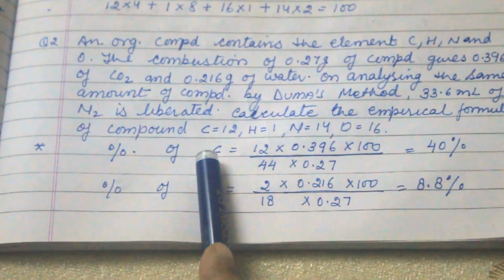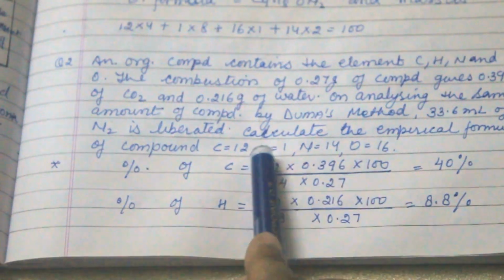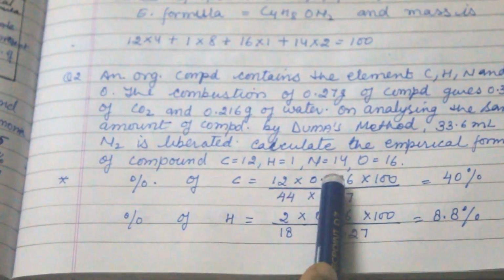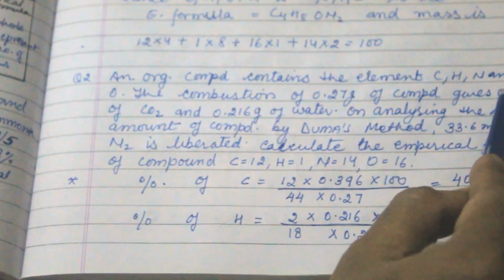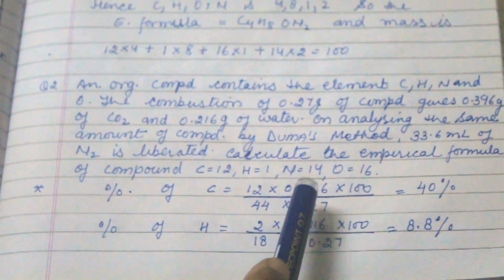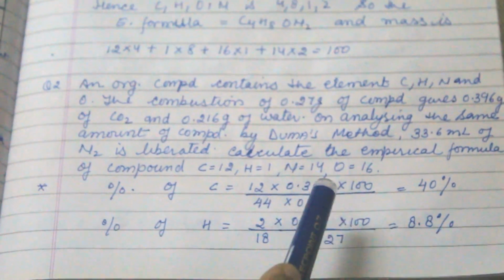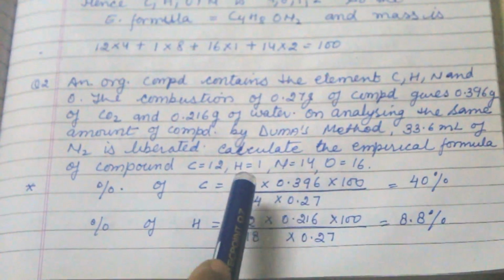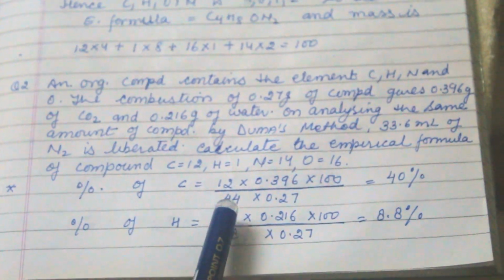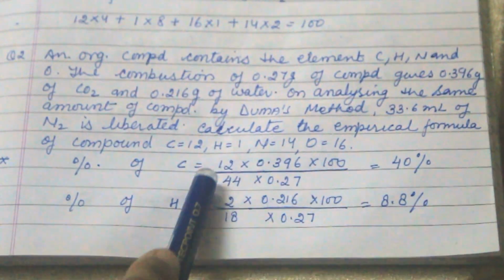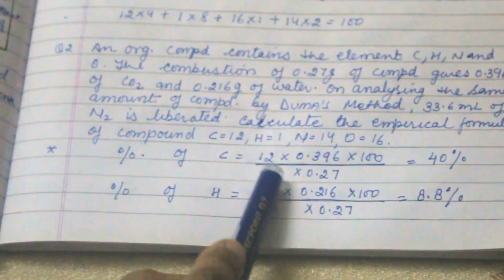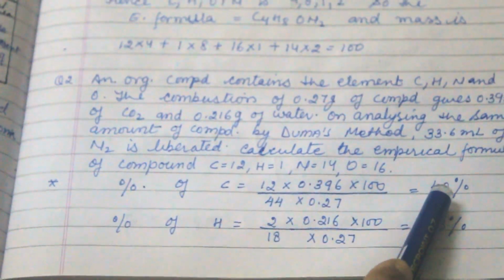So the percentage of carbon: here is the total amount of carbon dioxide, and here the total amount of compound, this is the atomic mass of carbon, and this is the molecular mass of CO2. We divide all this and we get 40%.